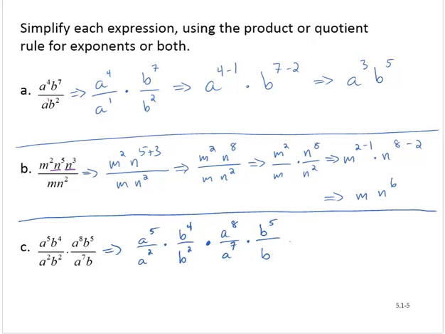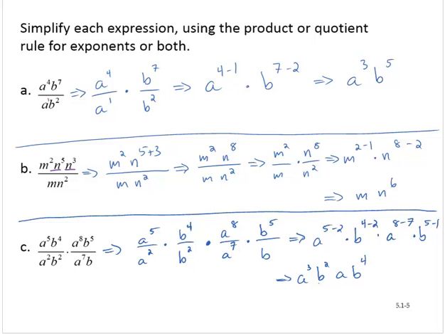Applying the quotient rule repeatedly, we'd have a to the 5 minus 2, b to the 4 minus 2, a to the 8 minus 7, and b to the 5 minus 1. Or more simply, a to the third, b to the second, a to the first, b to the fourth.